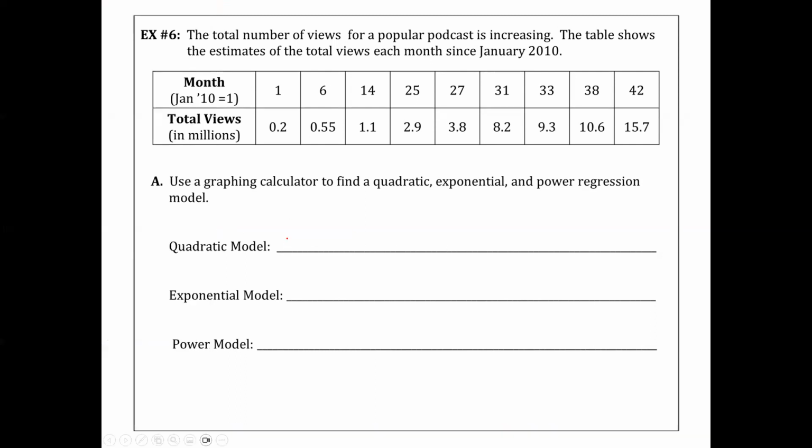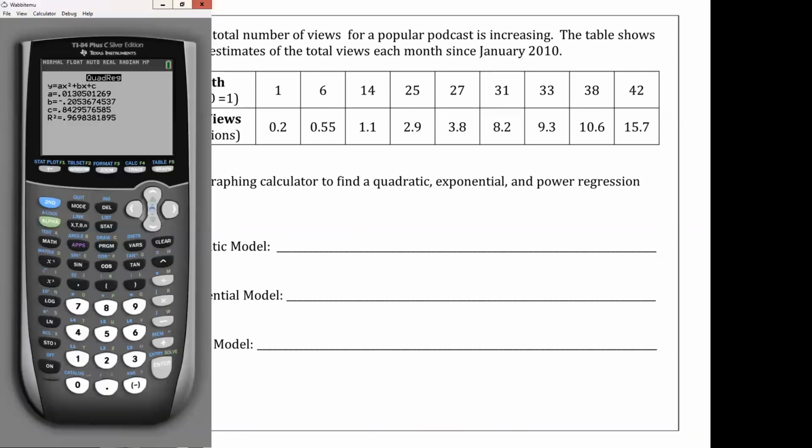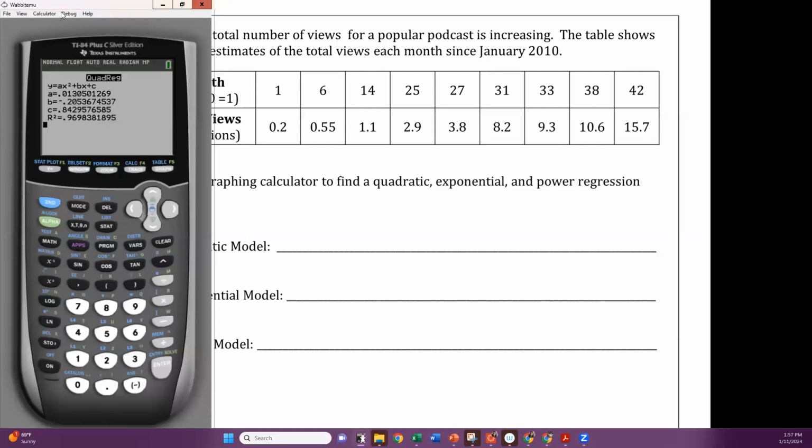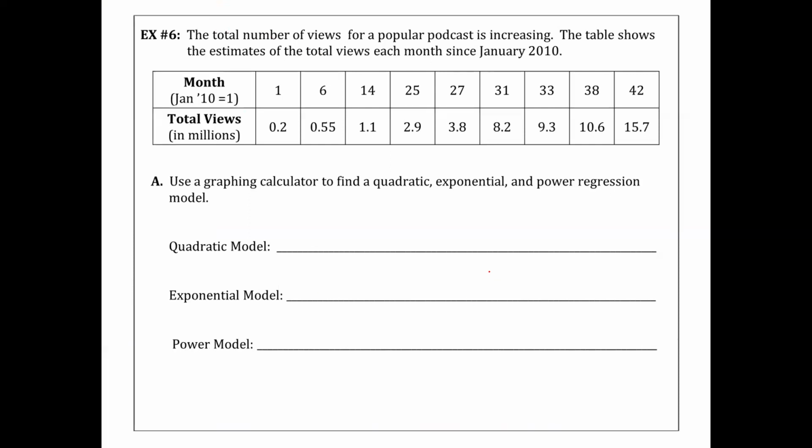So I'm going to write the quadratic model. For the quadratic model, we have y equals 0.013x squared minus 0.205x plus 0.843.